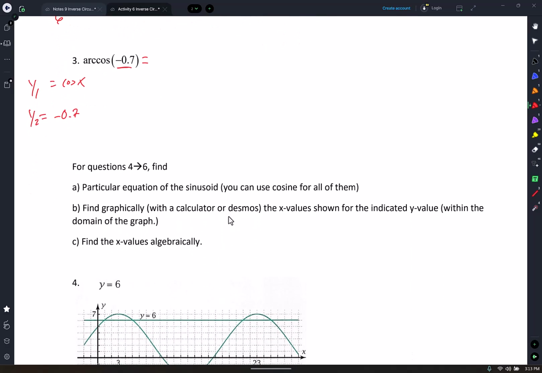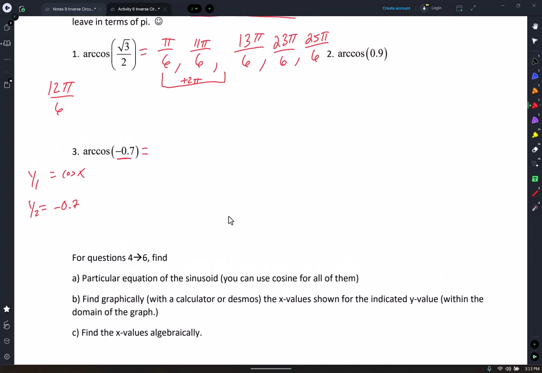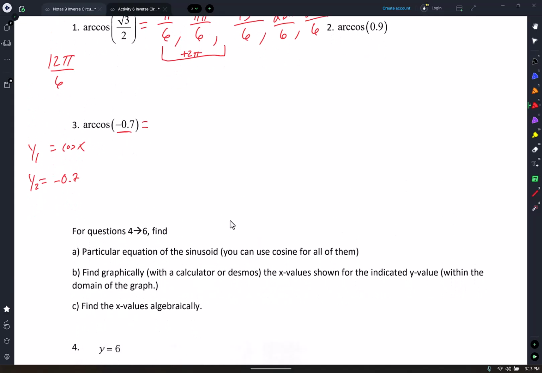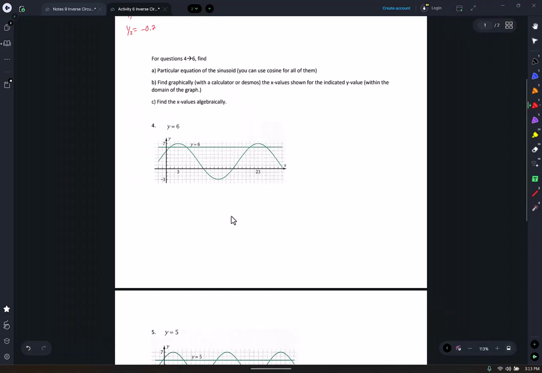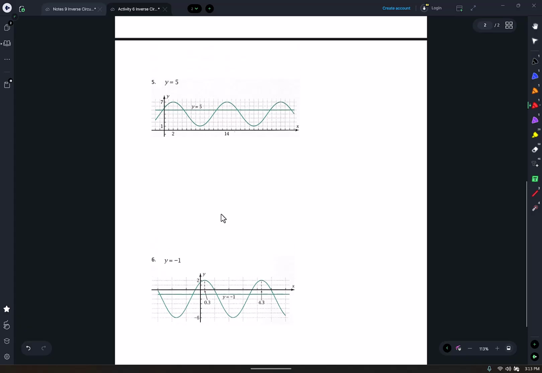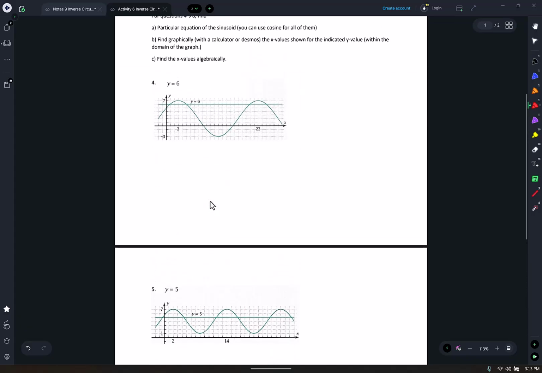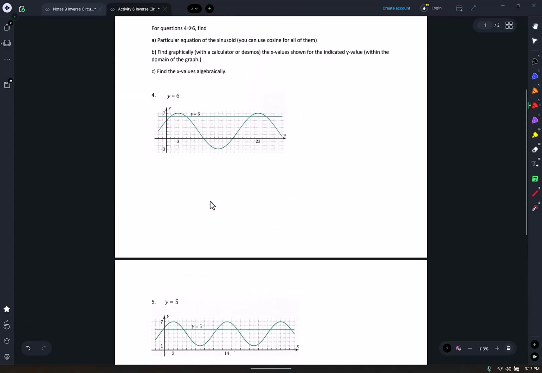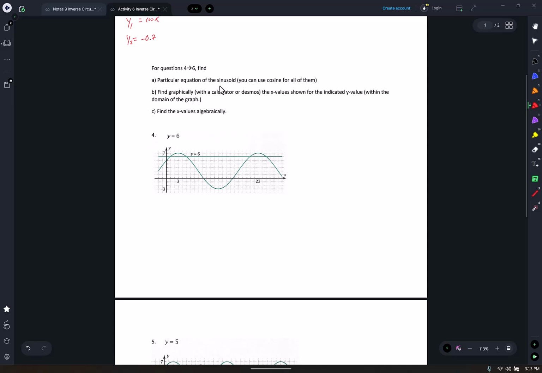Okay. Did everyone get rid of number 3? All right, you guys choose one question from 4, 5, and 6. It does not matter to me which one. The instructions are the same. It wants me to find a particular equation of the sinusoid.